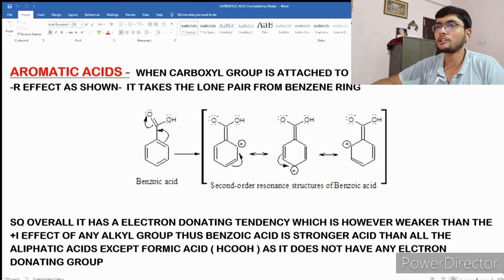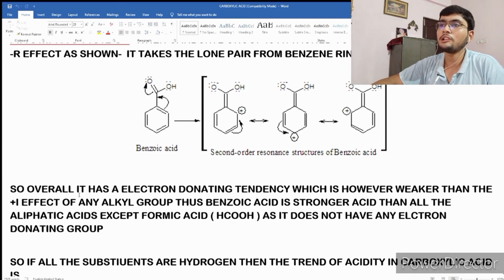So that's what I've written here also, that overall the benzene ring has an electron donating tendency, which is however weaker than the plus I effect of any alkyl group. Okay, the electron donating tendency of the benzene ring is weaker than the plus I effect of any alkyl group.